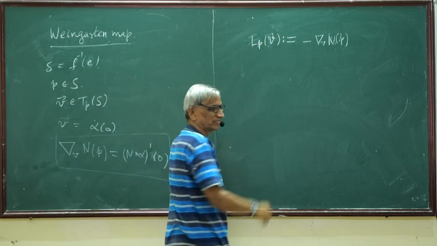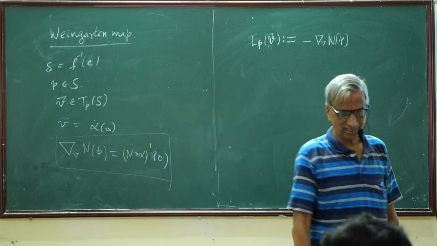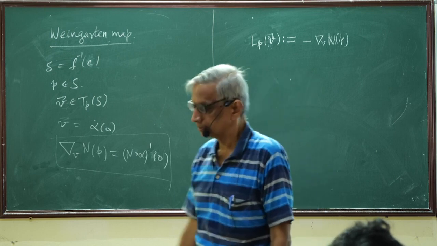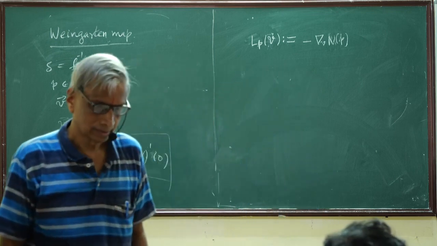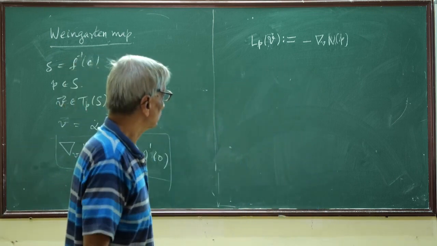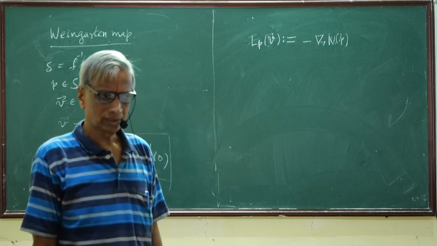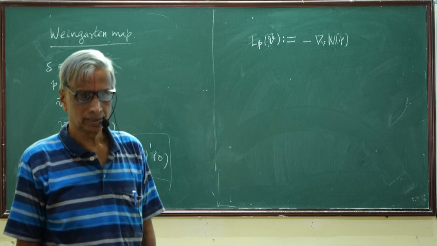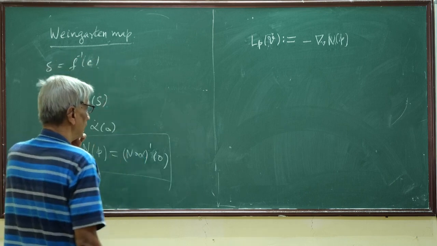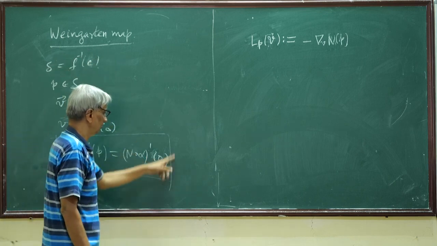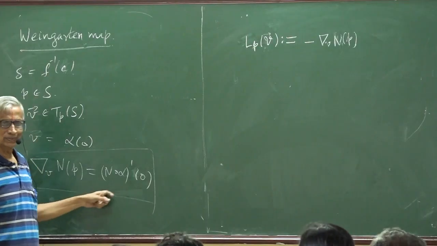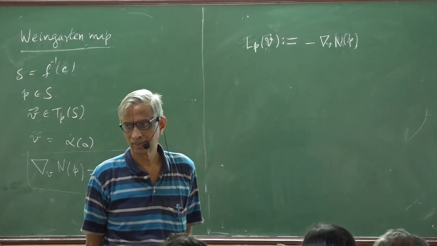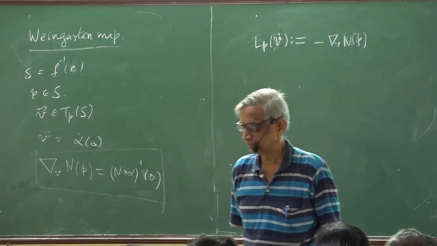If you want to talk of tangent vectors, you usually put arrows there, okay? So where does this object lie? L_P of V. What is this equal to? Chain rule.